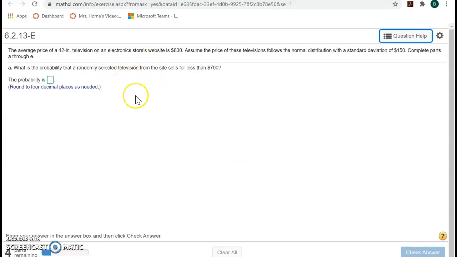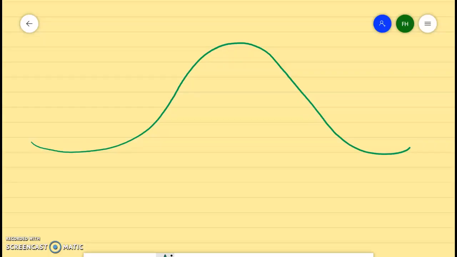Let's look. The mean, the average, is 830. When we put the mean into a z-score, that's going to represent 0. The average is always going to be 0.